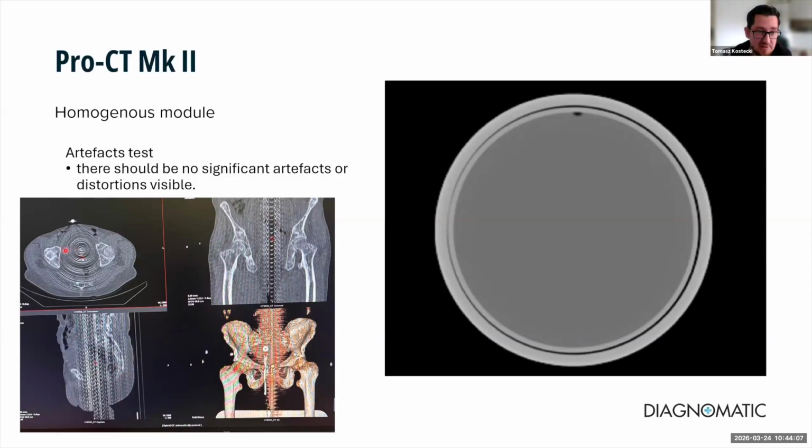This could be those circle-shaped artifacts. This was actually on a patient's body. It was occurring randomly, so they couldn't see it on the phantom, but they have seen it on patients.